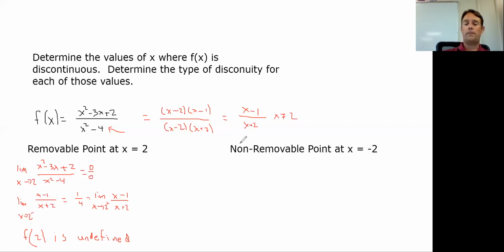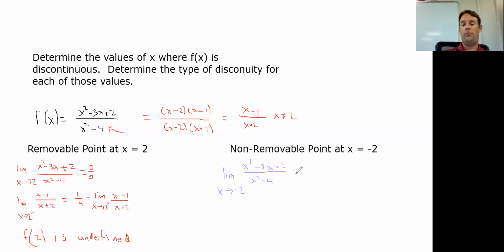Whereas over here at negative 2, if I were to plug this in right from the very beginning, I would add x squared minus 3x plus 2 all over x squared minus 4.